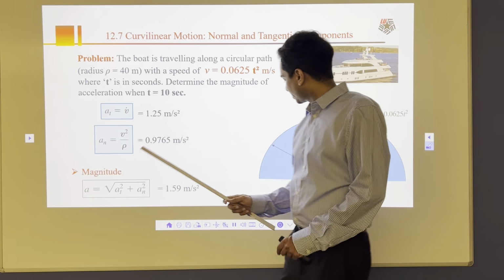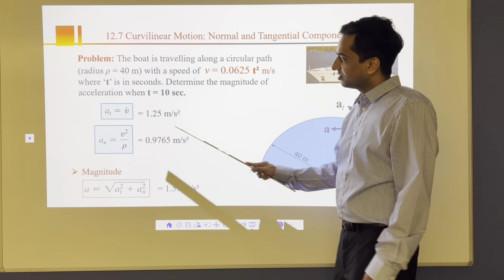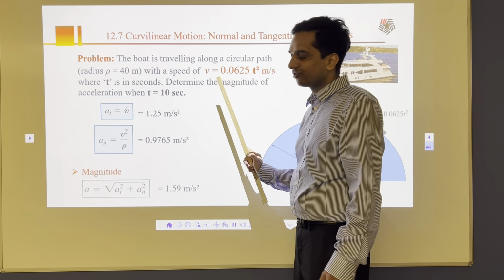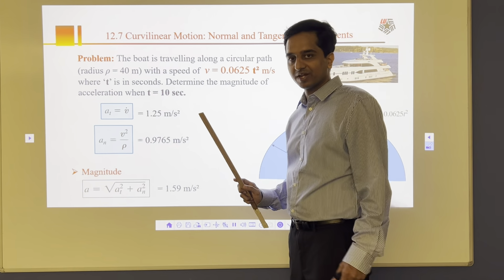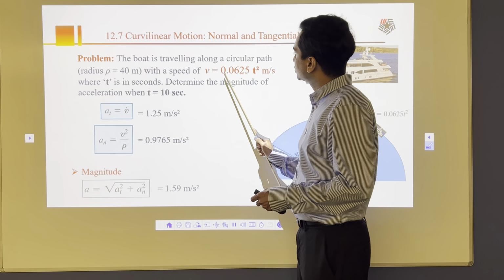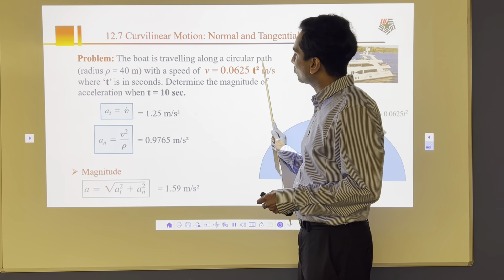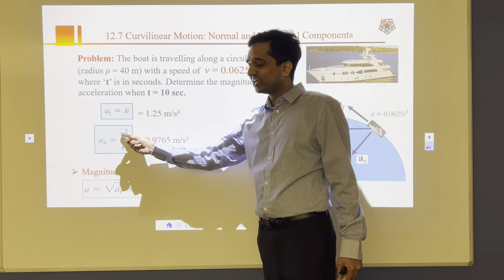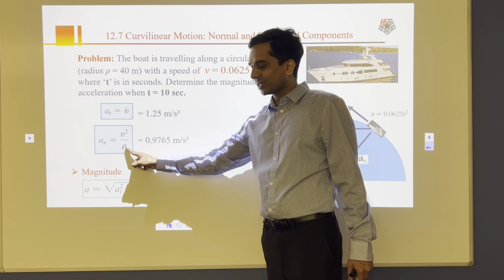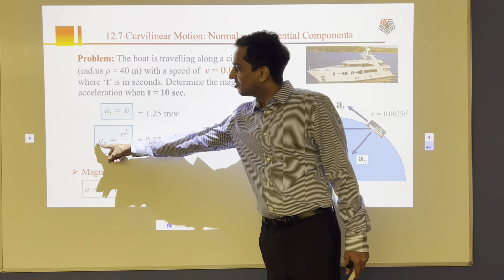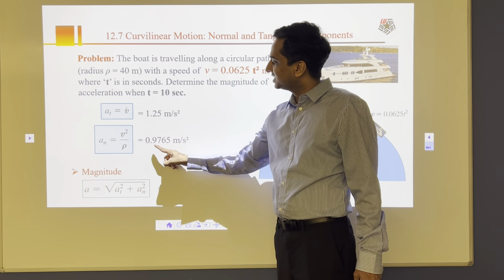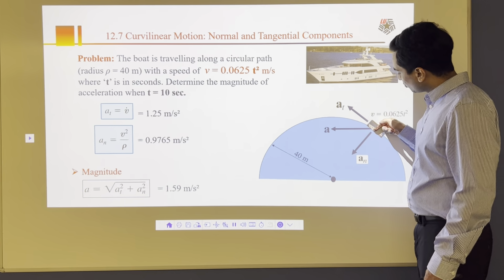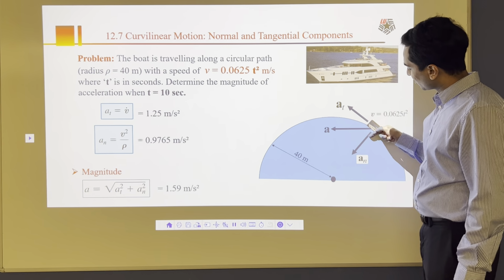To find the velocity at the 10-second mark, we use this equation and put t is equal to 10. 0.0625 into 10 squared, that is 100, and we take that velocity, square it and divide by 40, the radius. Then we get the normal acceleration as 0.9765 meters per second squared.